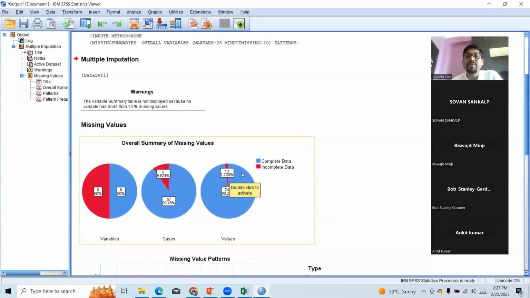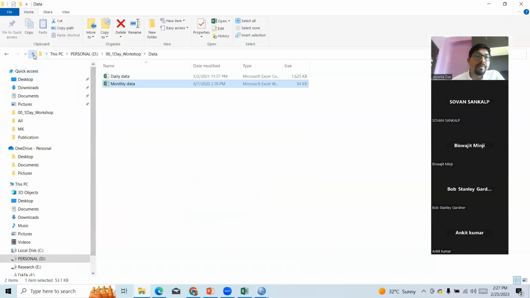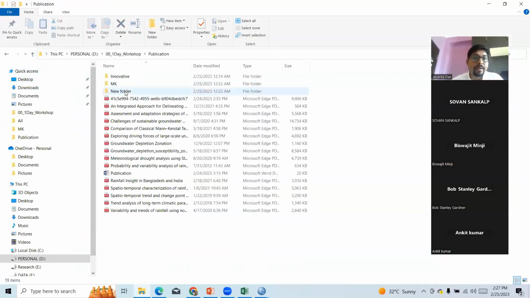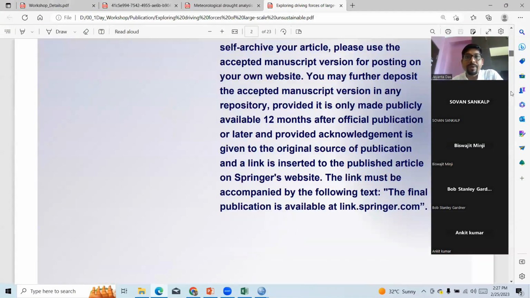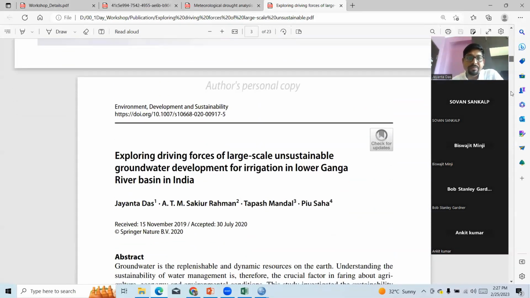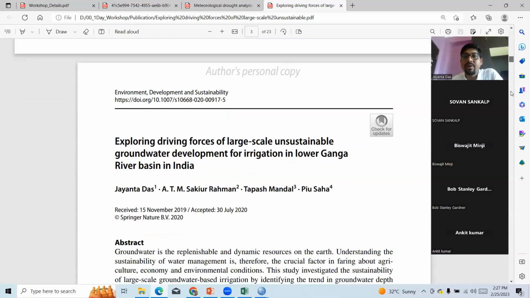Okay, less than 2%. If we see my publications, I have written this in every paper. Suppose here is one interesting paper published in Environment, Development and Sustainability: exploring driving forces for large-scale unsustainable groundwater development for irrigation in the Lower Ganga River Basin.